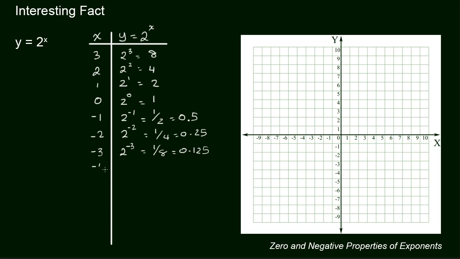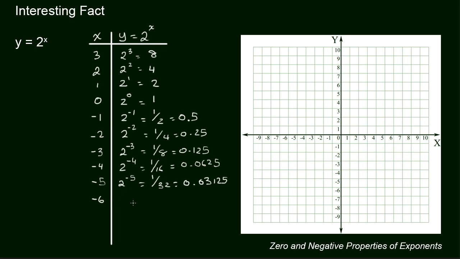At x equals negative 4, 2 to the power of negative 4 is 1/16, which is 0.0625. At x equals negative 5, 2 to the power of negative 5 is 1/32, which is 0.03125.